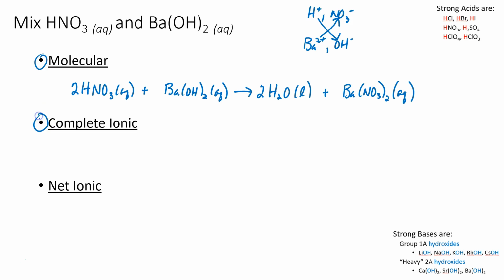Now for the complete ionic. Again, you're asking yourself, do I dissociate any of my reactants or products? Well, looking at our first reactant, it is a strong acid, and strong acids dissociate 100%. In this case, we're going to get 2 H plus ions and 2 nitrate ions.